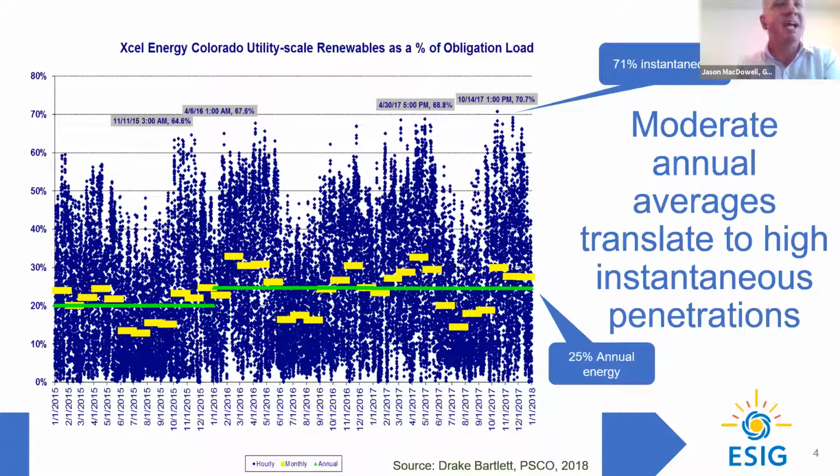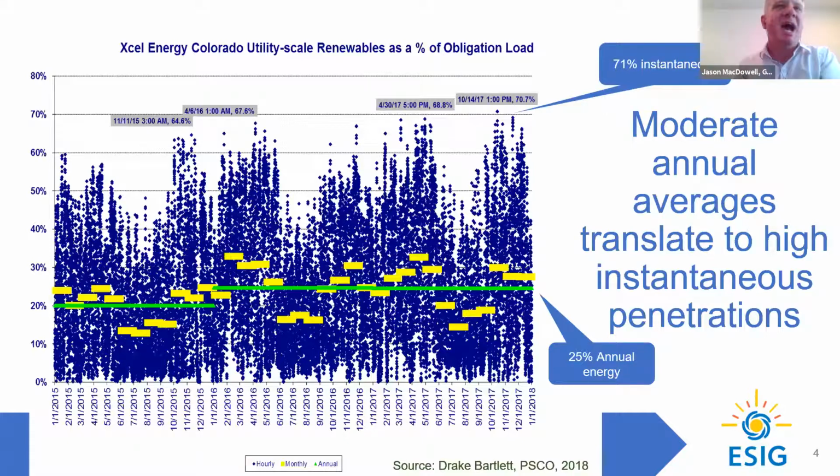But that 25% averaged over the year really equates to a much higher instantaneous penetration being served by wind and sun during the peak periods when it's windy and when it's sunny. So 25% annual energy five years ago in Xcel Energy turned out to be over 70% instantaneous penetration for a couple of hours during the year.